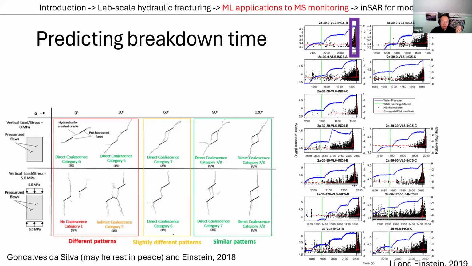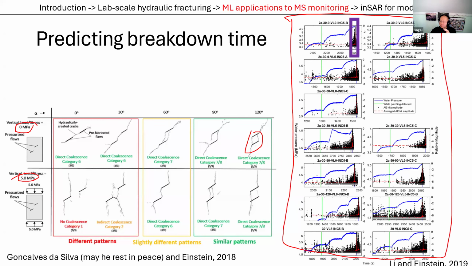The main differences between experiments is that the orientation of the 2 pre-cut notches is varied, and also that some experiments are preloaded to a given axial stress of 5 MPa, and others are at ambient, with no axial load on them. The work that I'm going to be showing focuses on 14 of these experiments where we have really good acoustic emissions data.